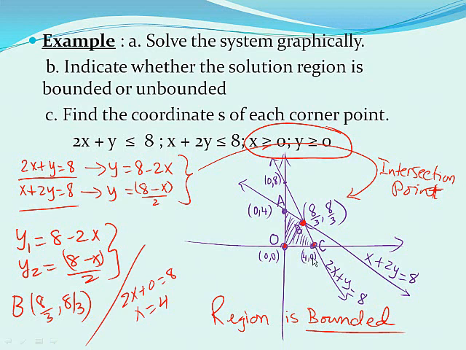Now to calculate this corner point A, interpret it as the y-intercept of the line x plus 2y equal to 8. So I can substitute x equal to 0. If I substitute x equal to 0, that equation will be 0 plus 2y equal to 8. So y will be equal to 4. So the coordinates of A is calculated as (0, 4). These are the four corner points.